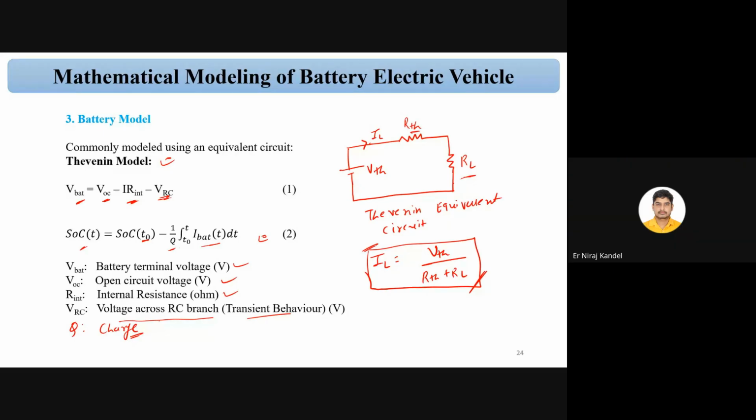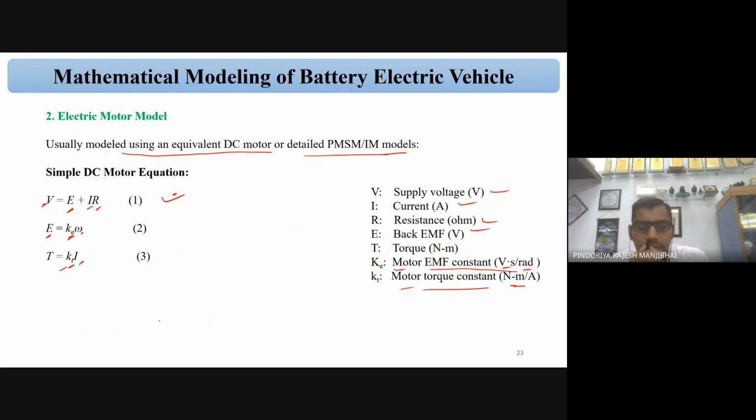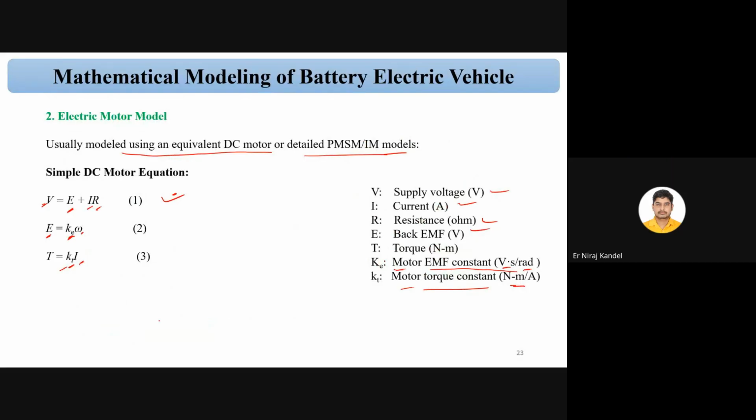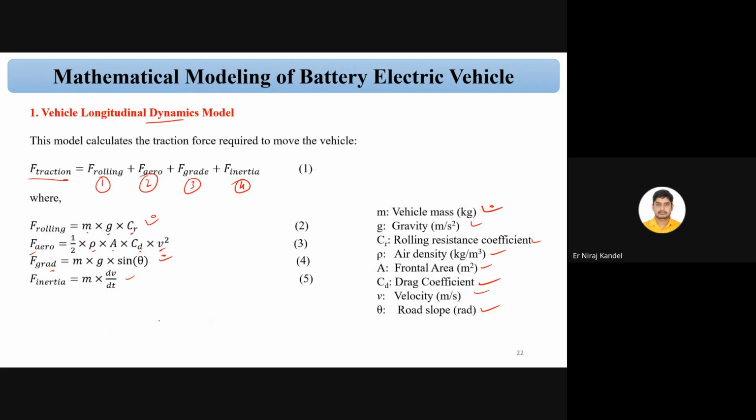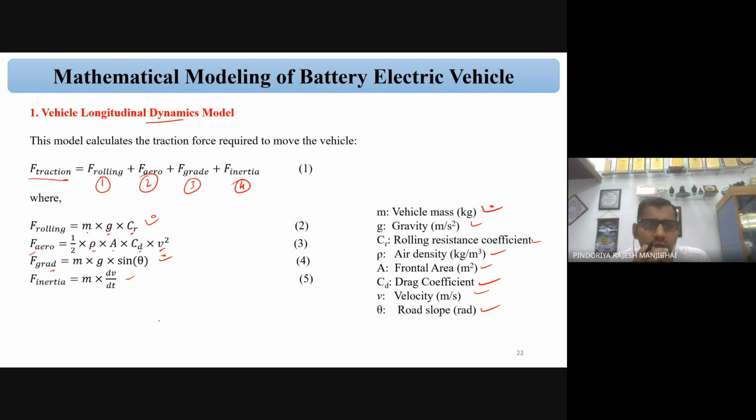Sir, could you go back a slide, please? Yes, one slide back. In case of force due to rolling resistance, isn't it m g Cr cos theta? I think you told us in lecture one, m g Cr cos theta.